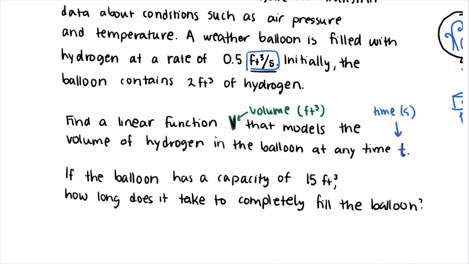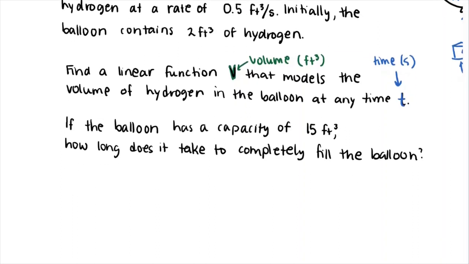Okay, so when it comes to this linear function, we need to identify a rate and an initial amount, and that'll tell us sort of what our linear equation should look like. And here I'm going to use function notation. So we're going to expect something of the form v of t is equal to m times t plus b.